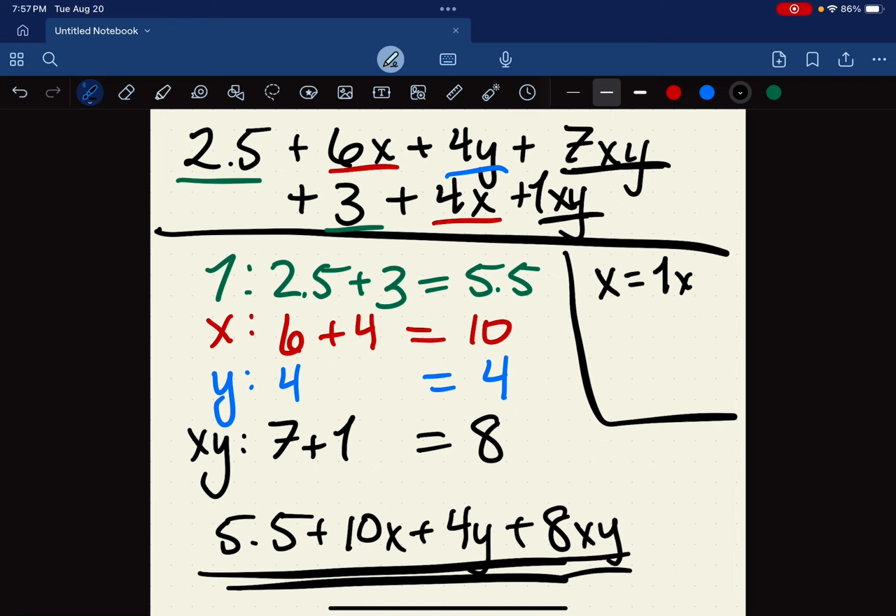So we took this very confusing expression, the 2.5 plus 6x plus 4y plus 7xy plus 3 plus 4x plus 1xy, and we turned this into a much simpler expression of 5.5 plus 10x plus 4y plus 8xy. There are no redundancies here. All of the variables are combined. We call that combining like terms, and this entire process is called simplifying the algebraic expression. And that will do it for this lecture. I'll see you all in the next one.